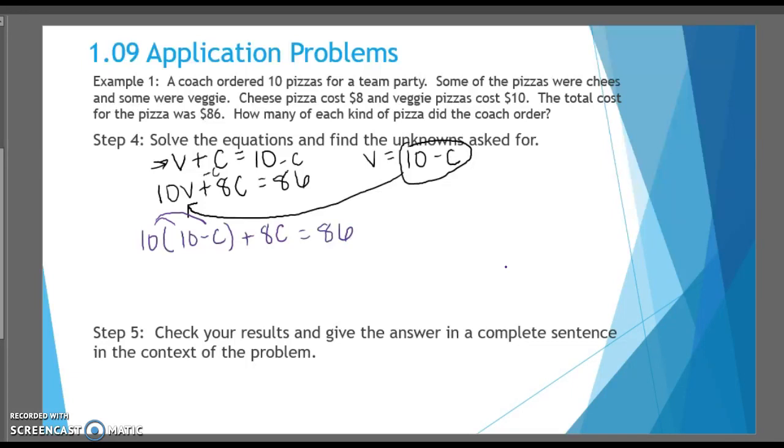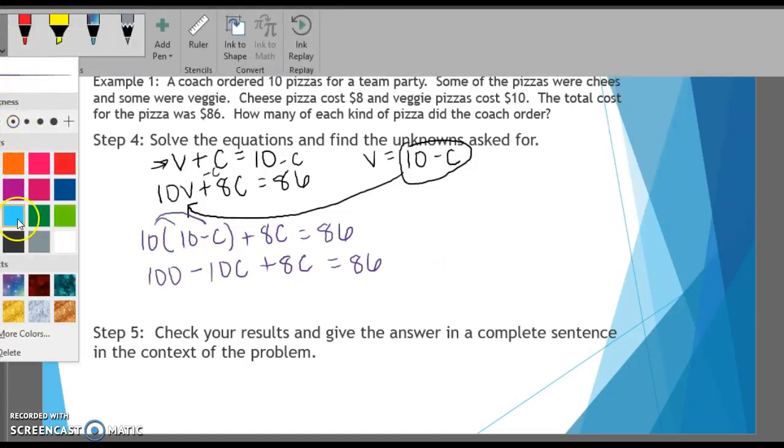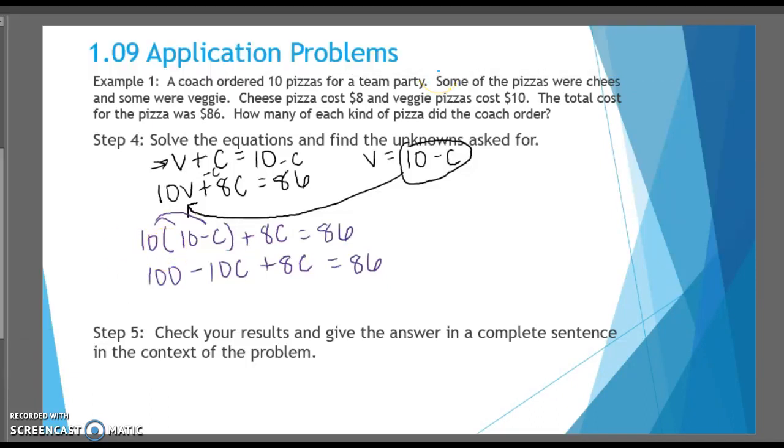I'm going to distribute. 10 times 10 is 100. Minus 10C plus 8C equals 86. I'm going to combine my like terms. So let me grab a different color. My like terms are right here.